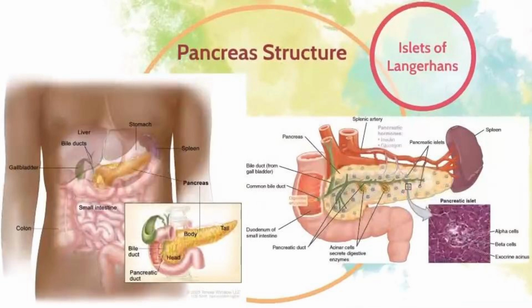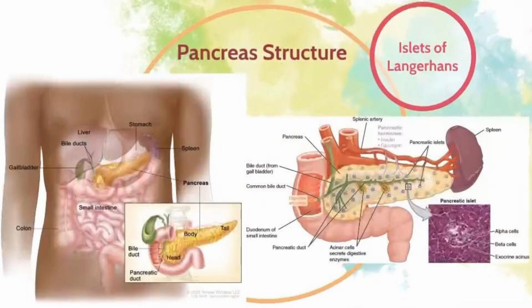The exocrine function is that the pancreas produces, stores and releases digestive enzymes which are necessary for our digestive system. And then the endocrine part of the pancreas is involved in secreting hormones that regulate metabolism and glucose. So what we're going to be focusing on today is the endocrine function of the pancreas.